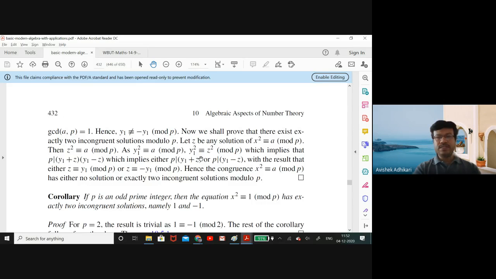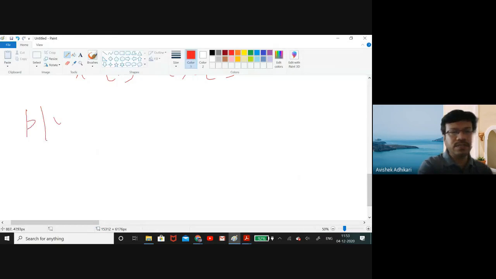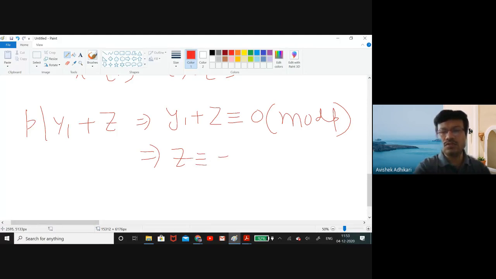If p divides y1 plus z, then y1 plus z is congruent to 0 mod p, which in turn implies z is congruent to minus y1 mod p.